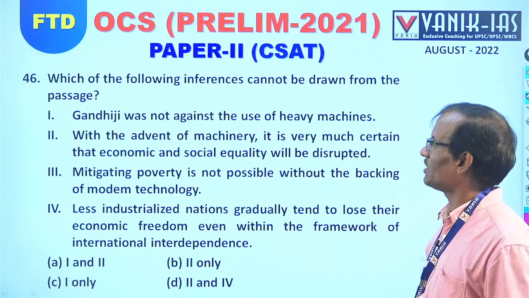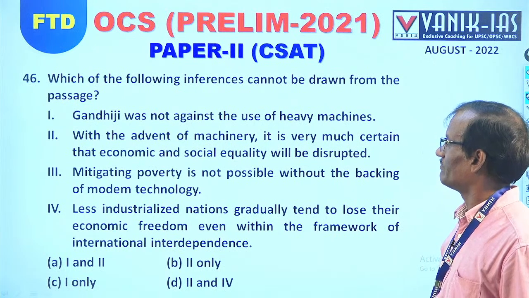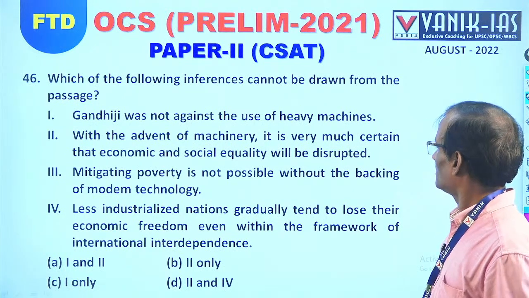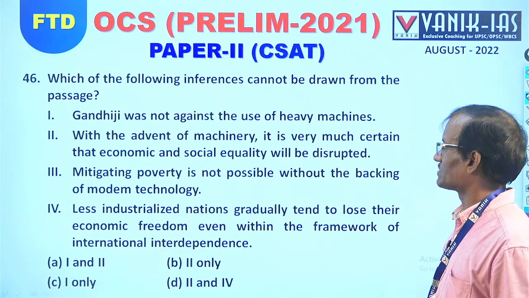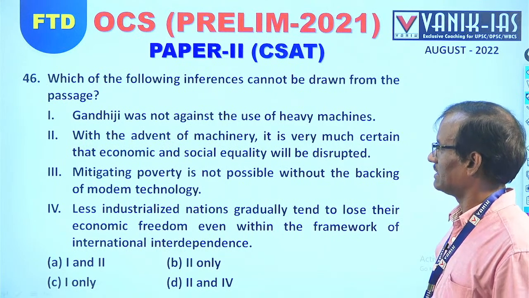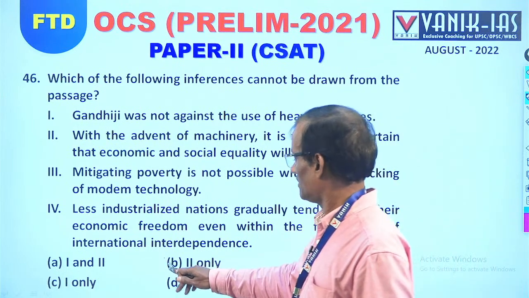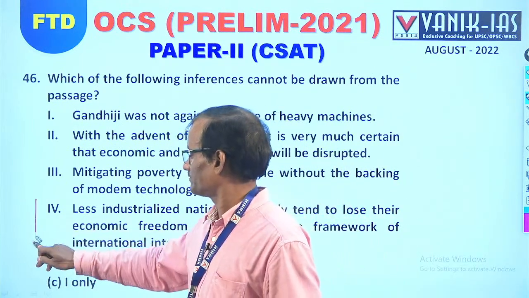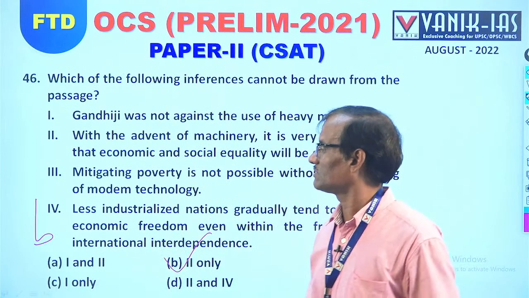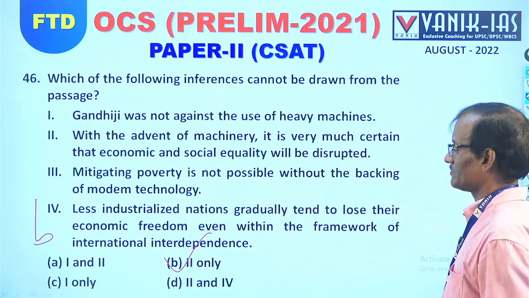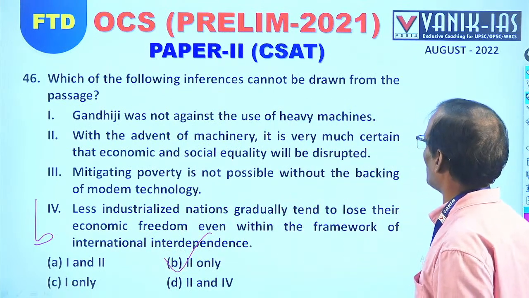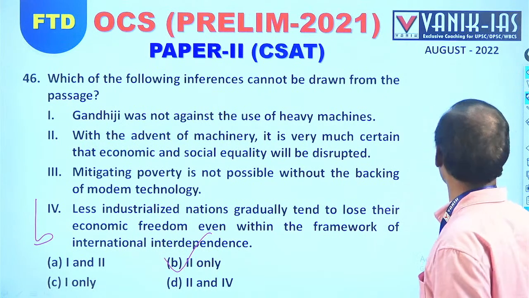With the advent of machinery, it is very much certain that economic and social equality will be disrupted. That cannot be inferred. So the answer will be B. Kindly check the answer. The answer will be B, and all the others can be inferred.